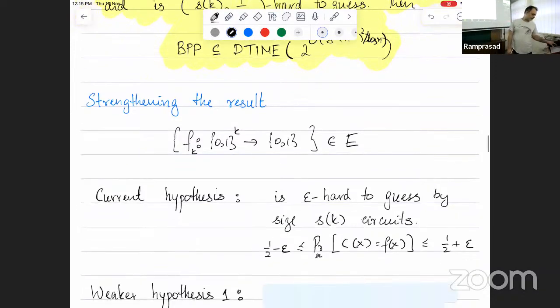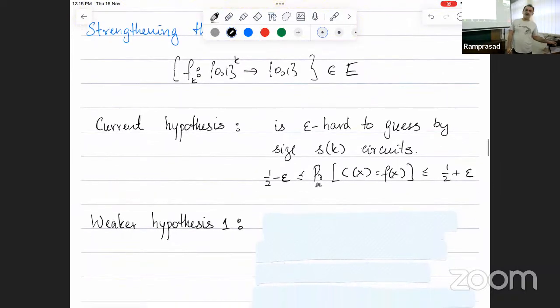Now, I'm going to define one weaker hypothesis. The current hypothesis sort of says that I want no circuit to be able to do anything significantly better than randomly guessing. But maybe that is too hard.